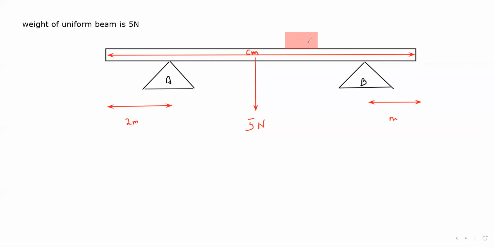Then an object is there which is placed 2 meters away from end Y. So this is end X, the other one is end Y. The weight of the object is, for example, 20 newtons.